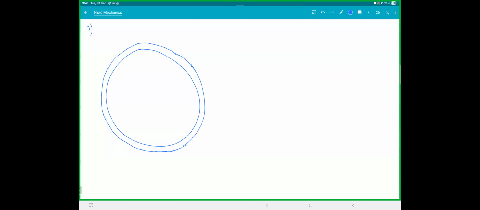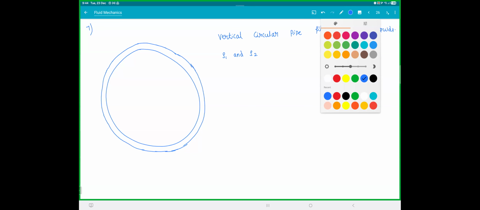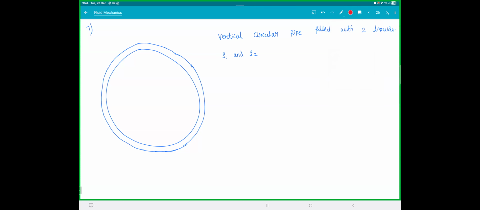So we have a circular pipe here. This is a vertical circular pipe. It is filled with two liquids, rho 1 and rho 2.